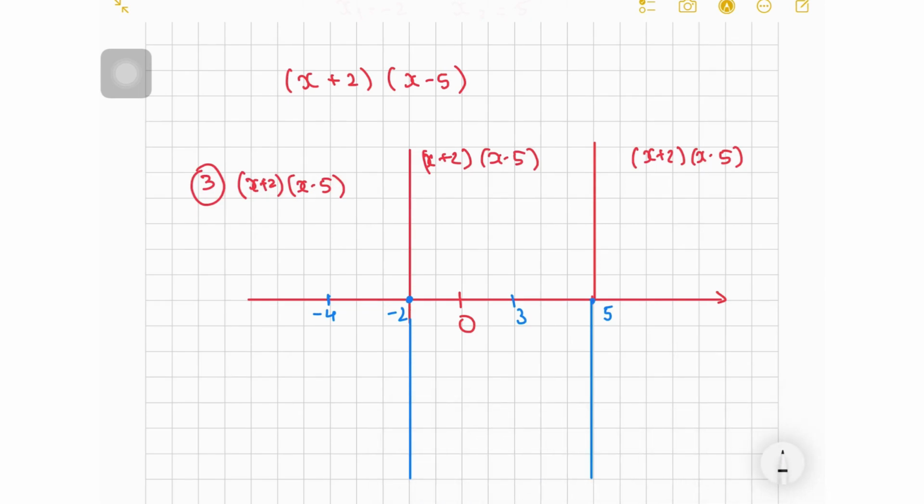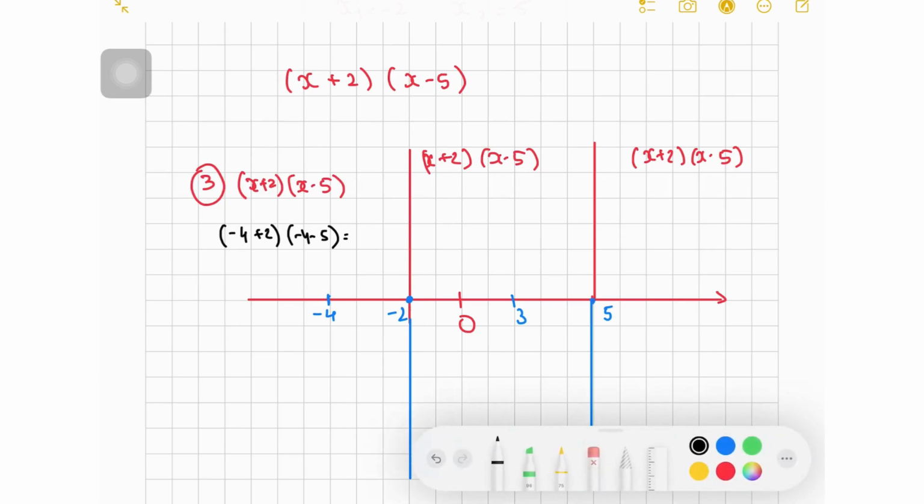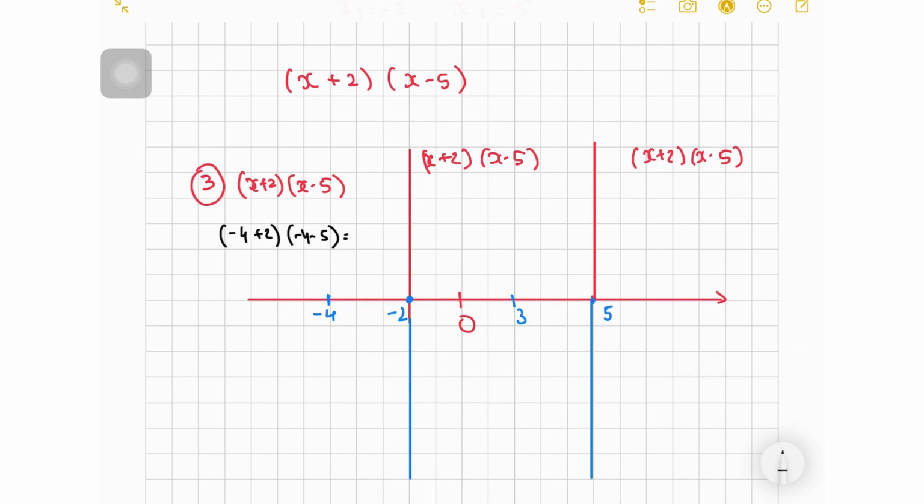So here, for example, we can take minus 4 plus 2 and minus 4 minus 5, which is minus 2 times minus 9, it's 18. So here the derivative is positive. Then here it changes the sign, it's negative, and after the 5, it becomes again positive.